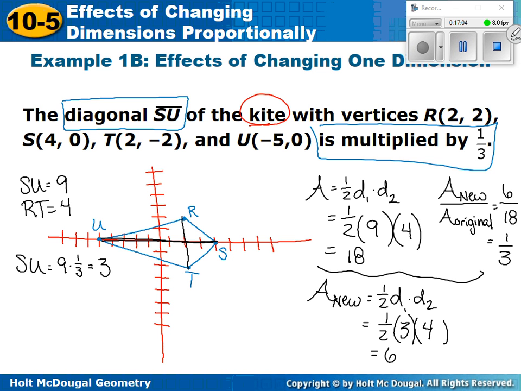So instead of 6 or 1/3, if one dimension is multiplied by A, meaning some value, then the area is multiplied by what? A, the same value.